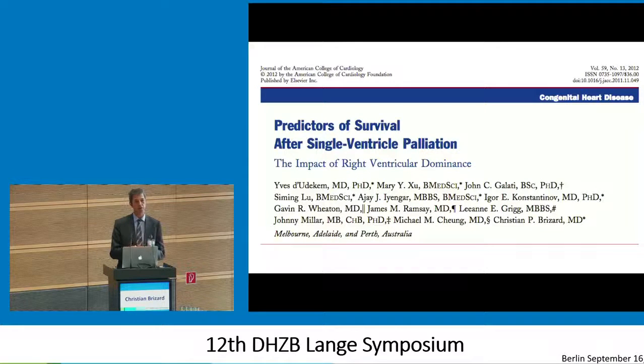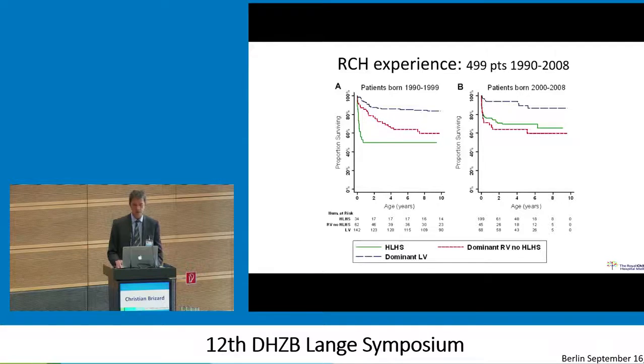The Fontan physiology is a predominant factor for mortality, but the hypoplastic left heart syndrome unveils its characteristic after 10 or 15 years, and higher hazard ratio.